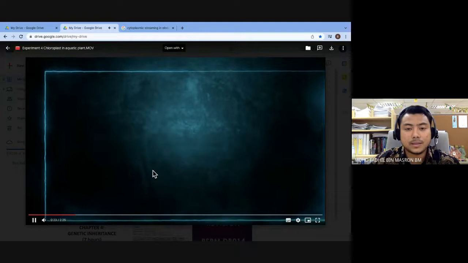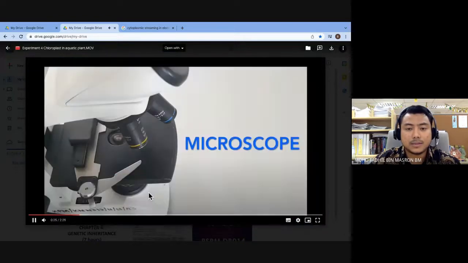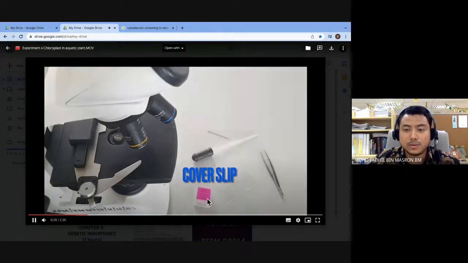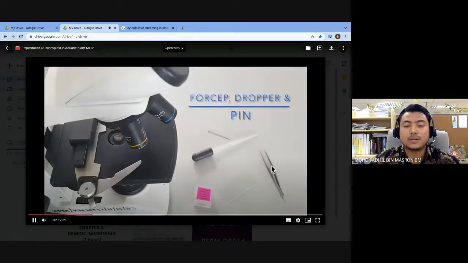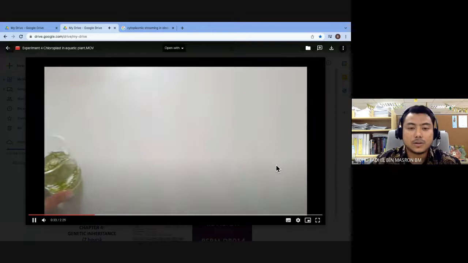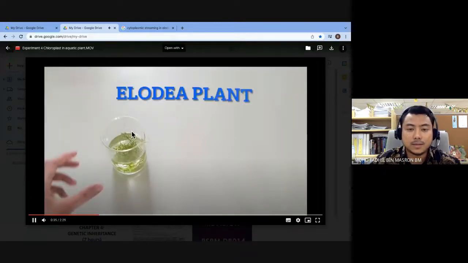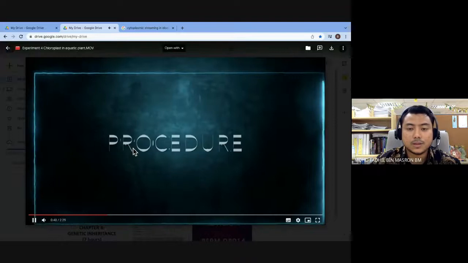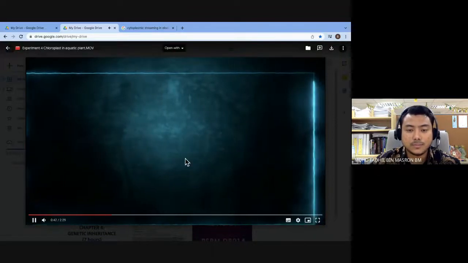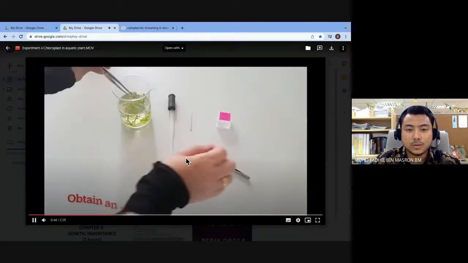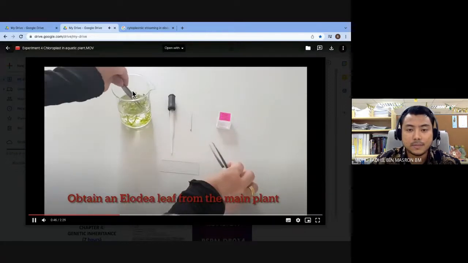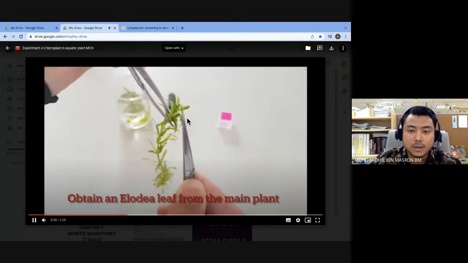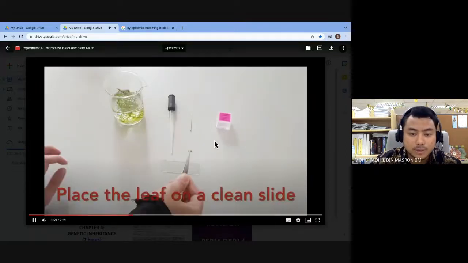apparatus and material. This is the microscope itself. The slide down there, the cover slip over here, dropper, pin, and forceps. Okay. So here is the Elodea plant in the beaker with the water. Okay, so here's the procedure. There, you need to use a forceps, handling and obtaining the slide, the plant, the Elodea plant, and then you need to plug, koyakkan, take away the plant using forceps again.